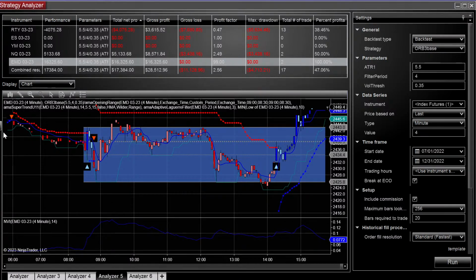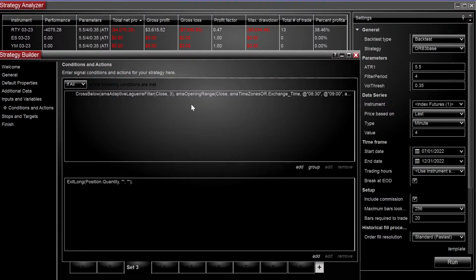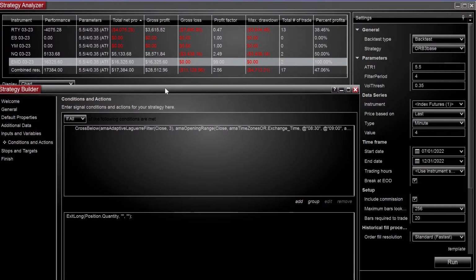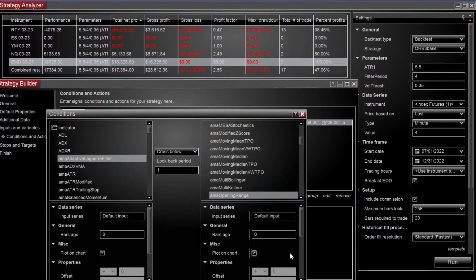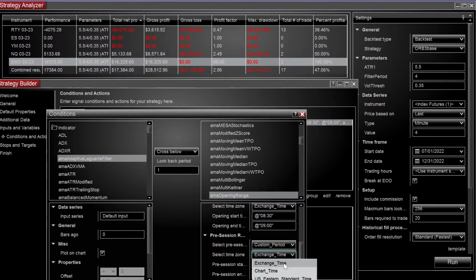So no, making it the low was no good. And just for good measure, let's put it cross below the high.